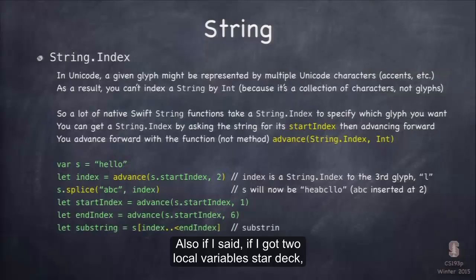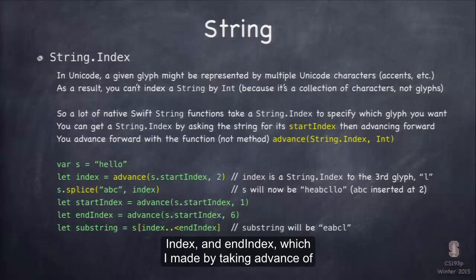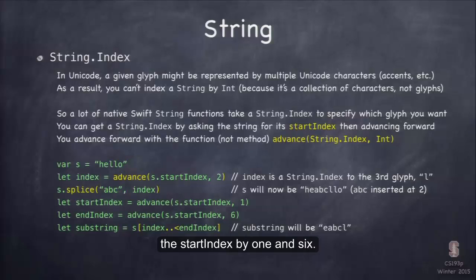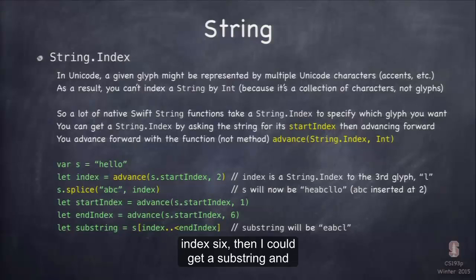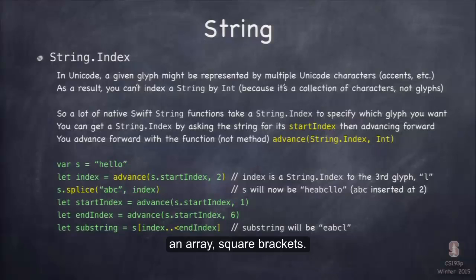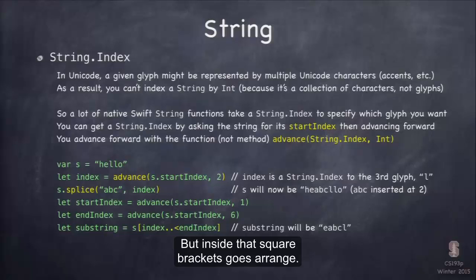Also, if I got 2 local variables, startIndex and endIndex, which I made by taking advance of the start index by 1 and 6, so I want to go from index 1 to index 6, then I could get a substring. And I get a substring in a string exactly the same like in an array, square brackets, string, square brackets, but inside that square brackets goes a range.